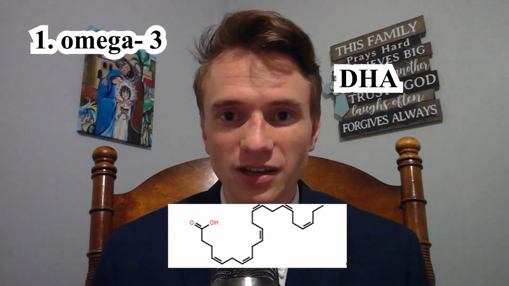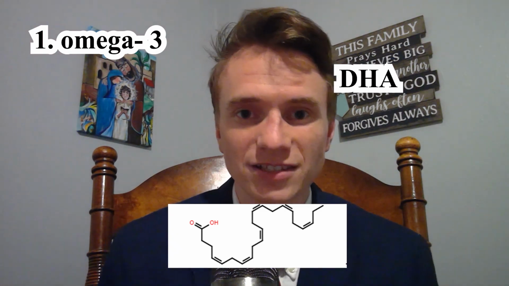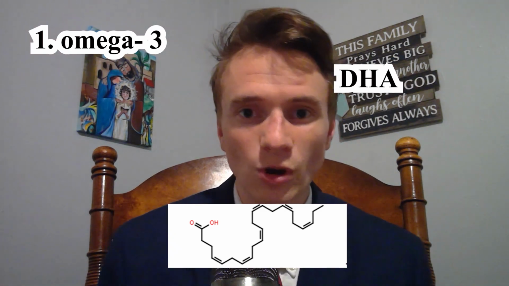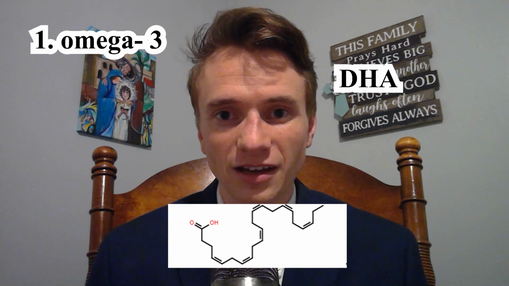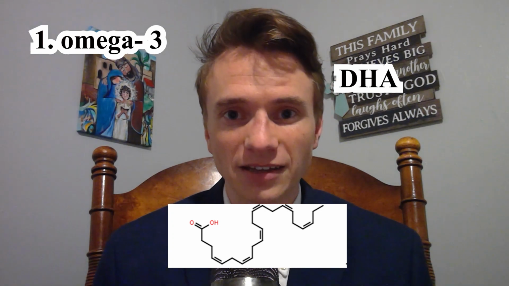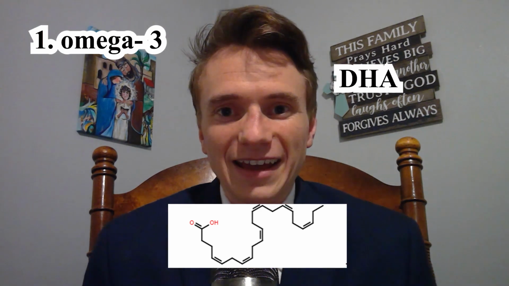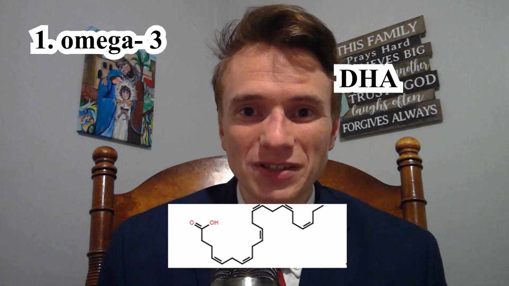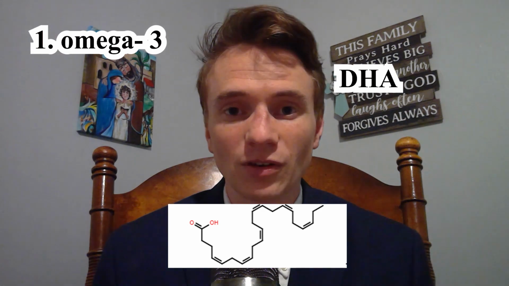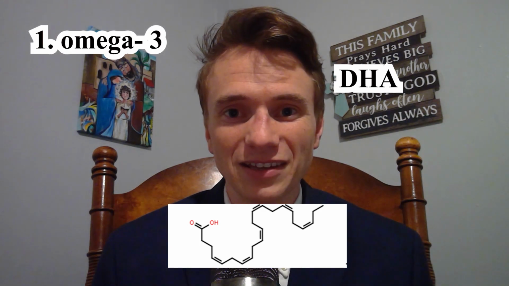And DHA is docosahexaenoic acid. So docosa is 22 in Latin, and hexa is 6 in Latin, like a hexagon. And so there's 22 carbons in the fatty acid chain length. There are 6 double bonds in the chain. And these are cis fatty acids. So there's no straight line, they're kinked.